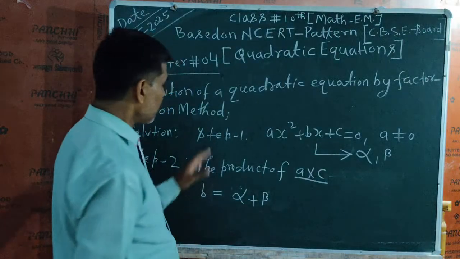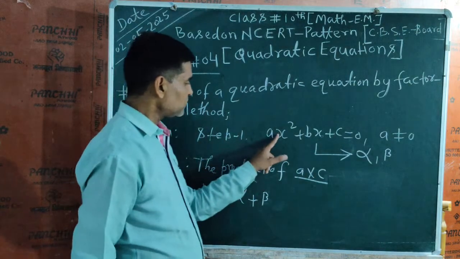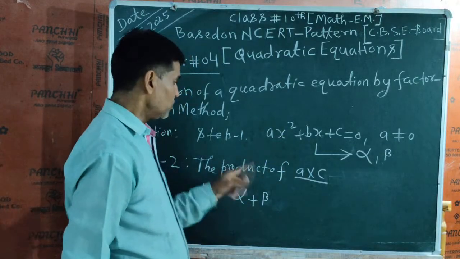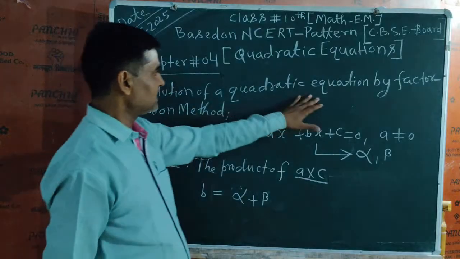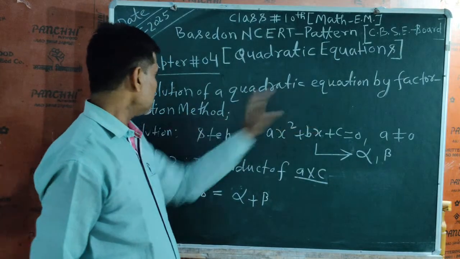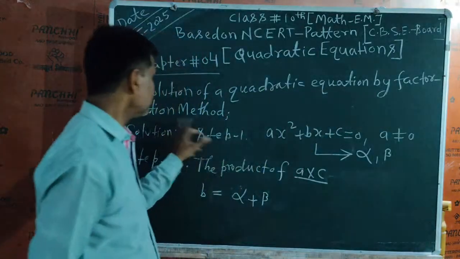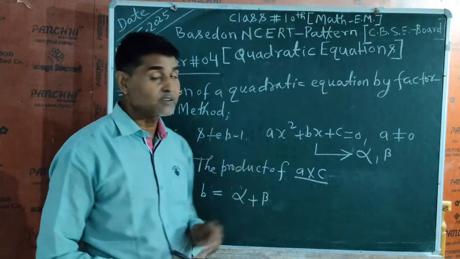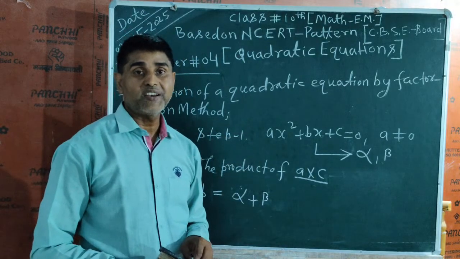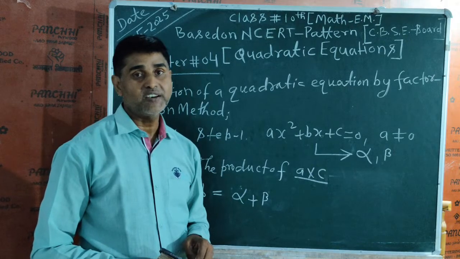Okay student, now this information I am going to explain with numerical data. Okay students, if any quadratic equation is given, I will get the solution of that quadratic equation with the help of the factorization method. It means that one quadratic equation is given and we have to get its solution.